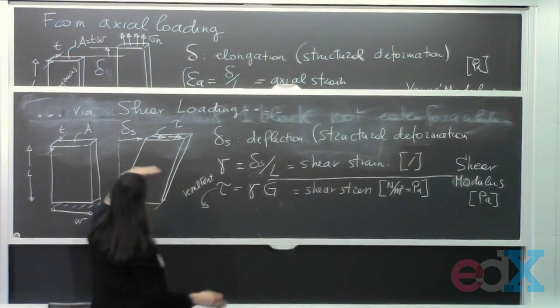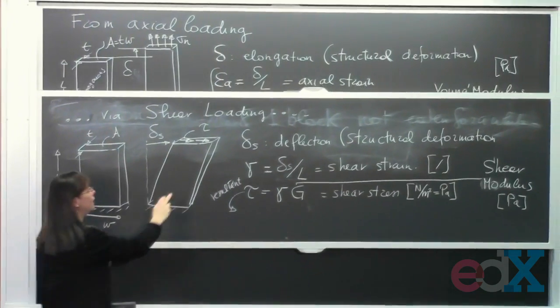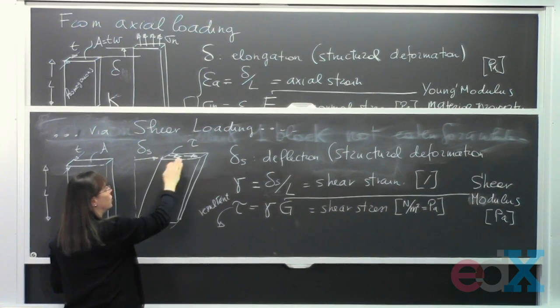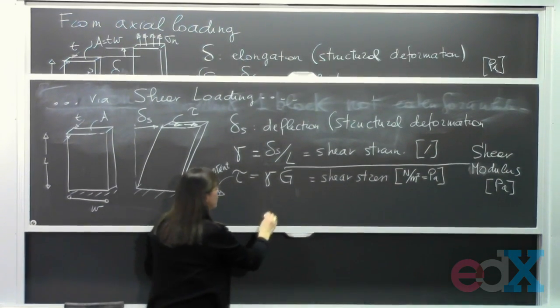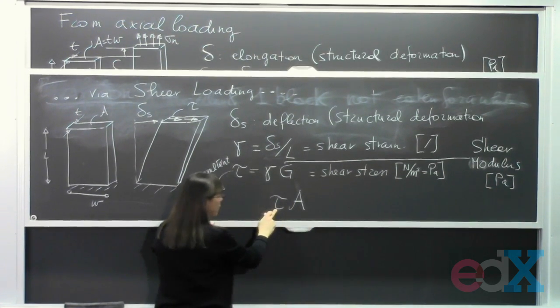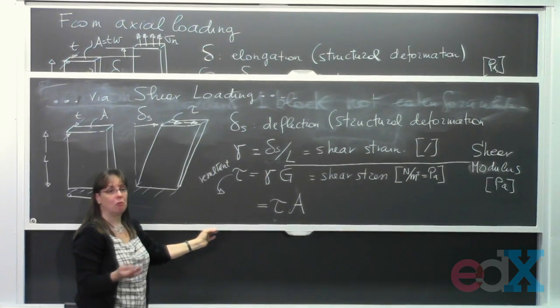Well, as long as I'm just doing shear loading, things are pretty easy. You can say if tau is the shear stress per unit area, then of course if it's uniform, if I just multiply the shear stress by the area, I'm going to get a force, right?